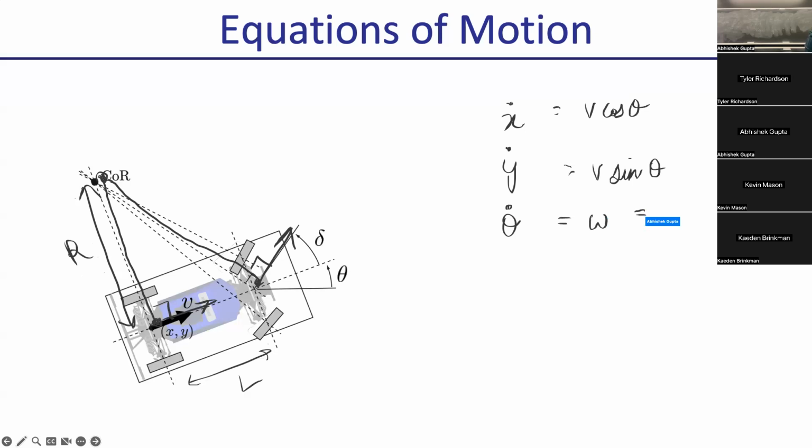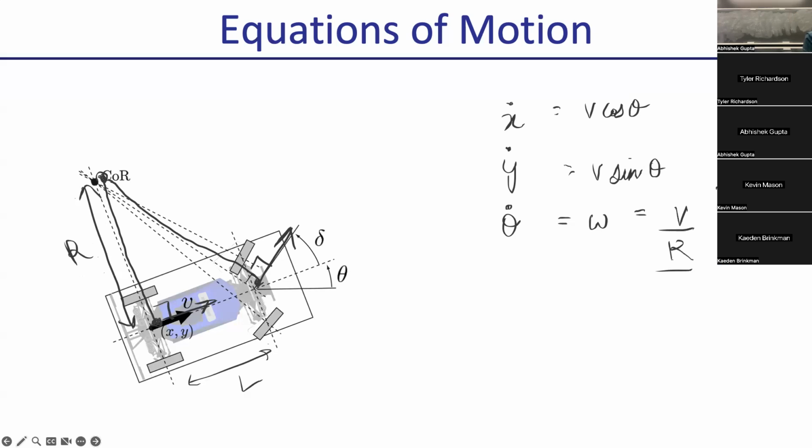Physics tells you that V is equal to R omega. So the velocity at any point is the distance from the center of rotation times the angular velocity. So the angular velocity is V divided by R. This is from intro angular physics. And so you have V over R, and that's going to be your change in angle.